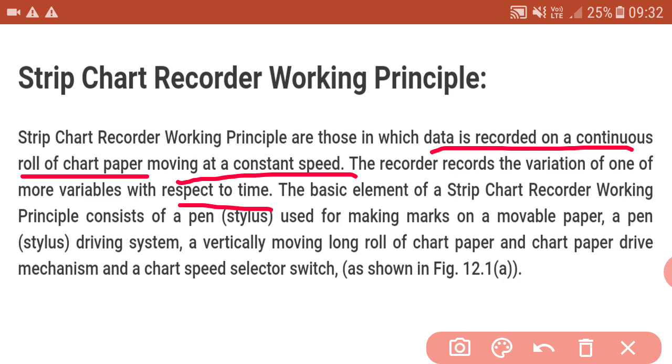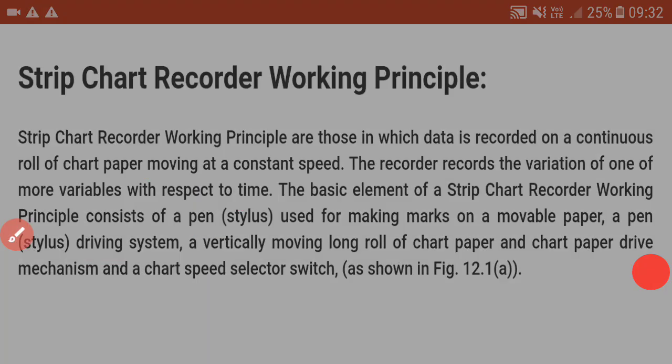The basic elements consist of a pen used for making marks on a movable paper, a pen driving system or stylus driving system, and a vertically moving long roll of chart paper. We require a long roll of chart paper, so we have to roll the chart paper. So there is a requirement of a chart paper drive mechanism and a chart speed selector switch. These are the elements we require in a strip chart recorder.